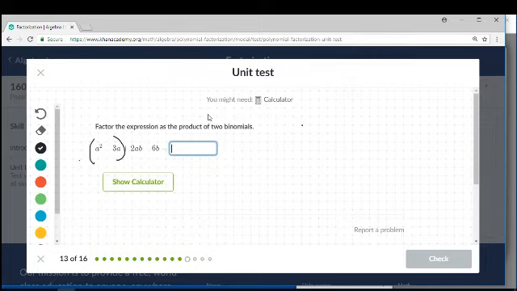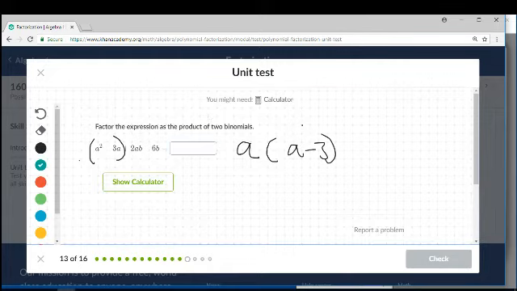If we factor out an a, we'll have a times a minus 3. And for this one, I can factor out 2b, plus 2b. And if I factor out the 2b, I can have a minus 3.